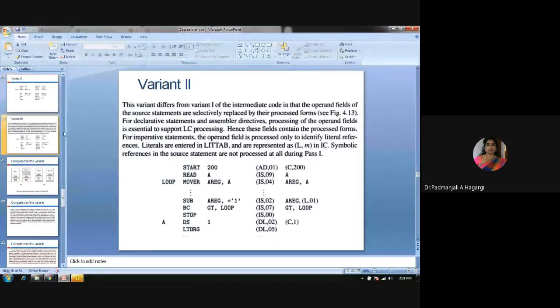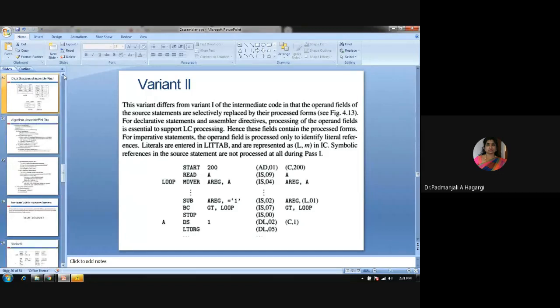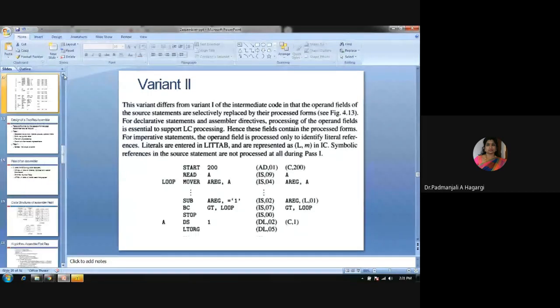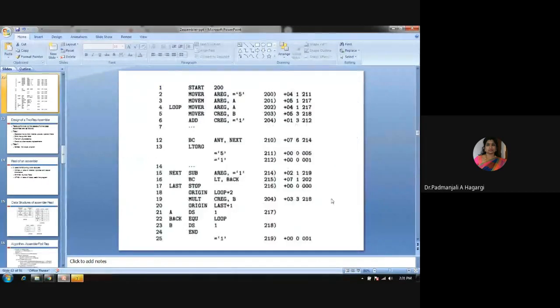I have just explained the object code directly, but I should have told again what type it is. Start is an assembler directive AD, and 200 is the value for starting this program.